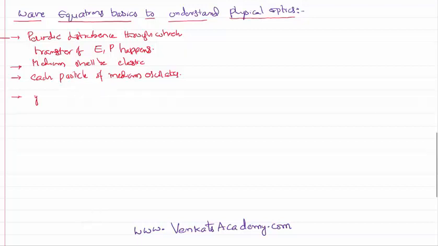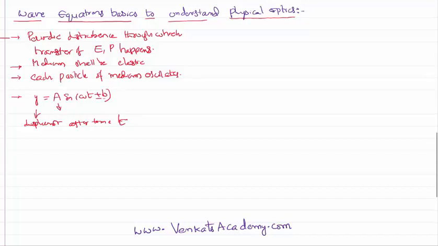How much the particle got displaced from the mean position can be determined by using the equation y equal to a sine omega t plus or minus phi, where y is the displacement of the particle from the mean position after time t.